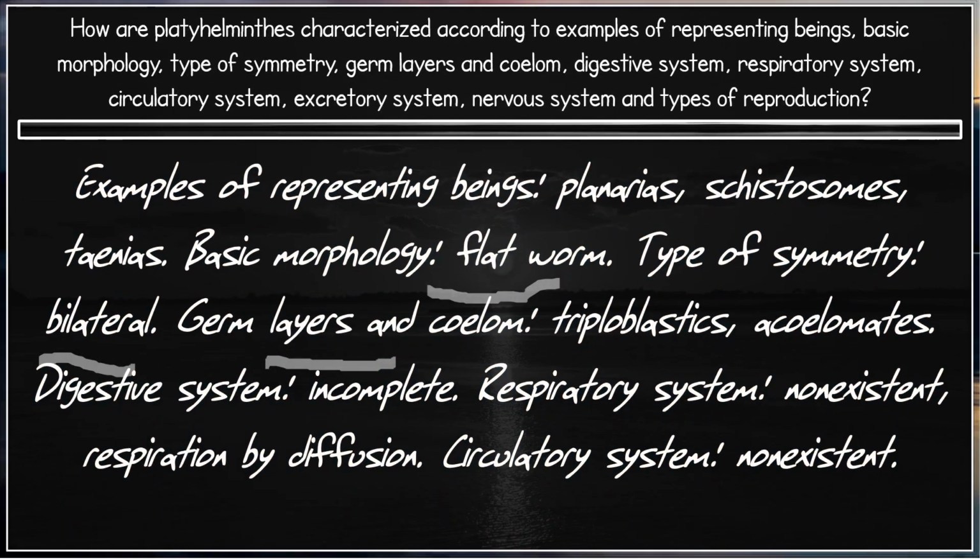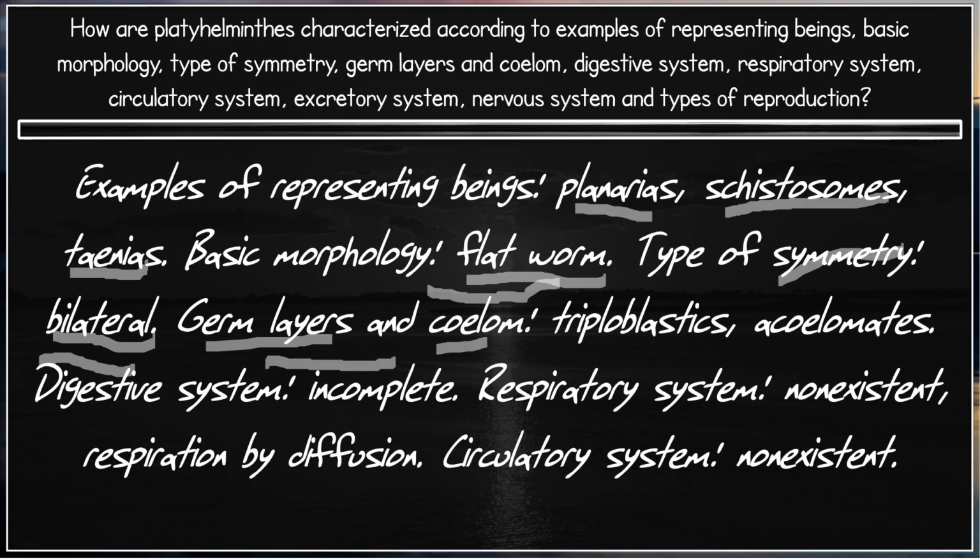Examples of representative beings: planaria, schistosomes, taenias. The basic morphology, they are flatworms. Type of symmetry, they are bilateral.